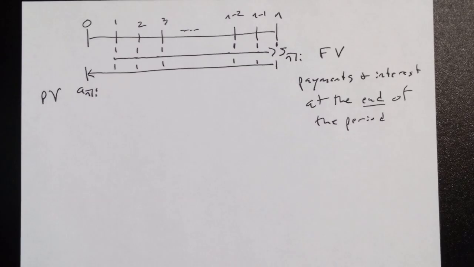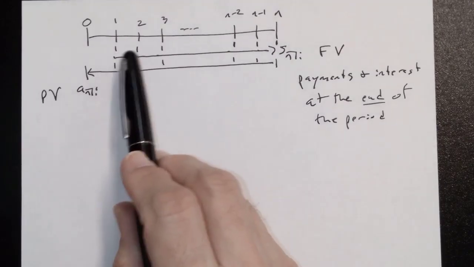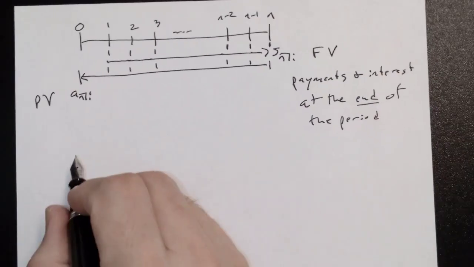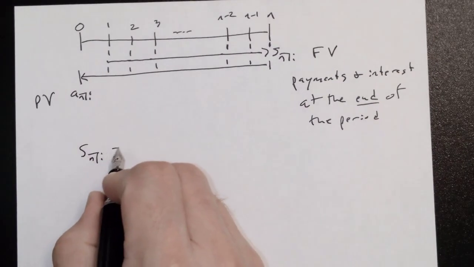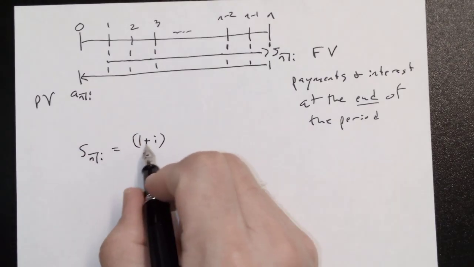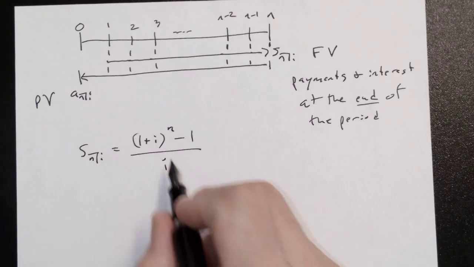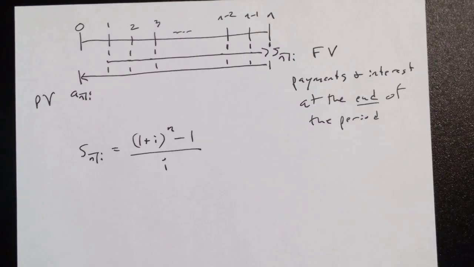Now, notice the difference is simply which direction that arrow is going, and that one extra month for the present value. That's our formula from Tuesday.